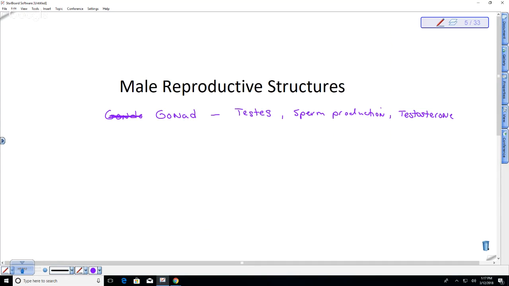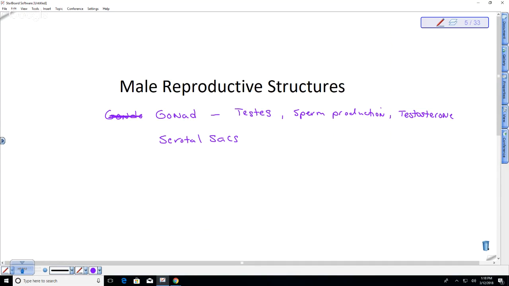Now, the testes in mammals is not located up in the body cavity when the male is reproducing. In some species like rodents, for example, the testes can be up in the body cavity when they're not reproducing, and then when they get ready to reproduce, the testes descend into what are called the scrotal sacs.